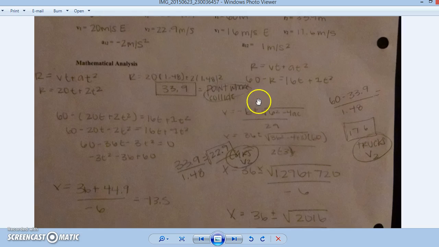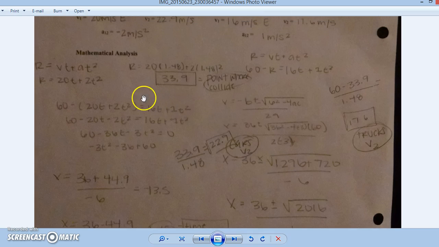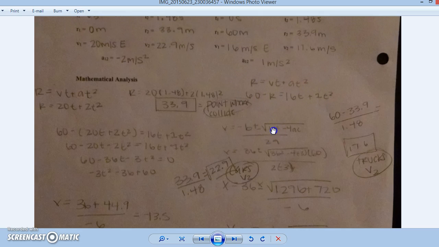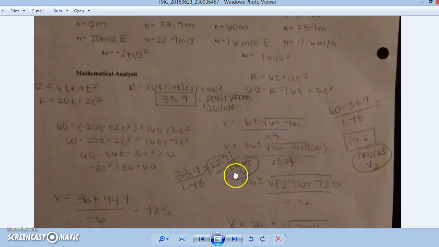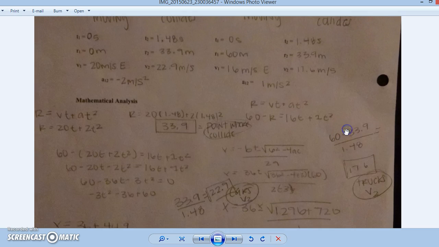And I plug the answer that I get from the quadratic equation back into the initial R equations, which were these, and I get all these answers back up top. And so here was the car's second velocity. There's the point where they collide, which would be the R. There's the truck's second velocity, which you have to do 60 minus the rate, because the truck started at a different rate.